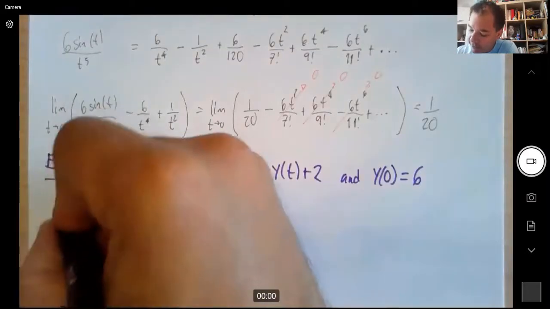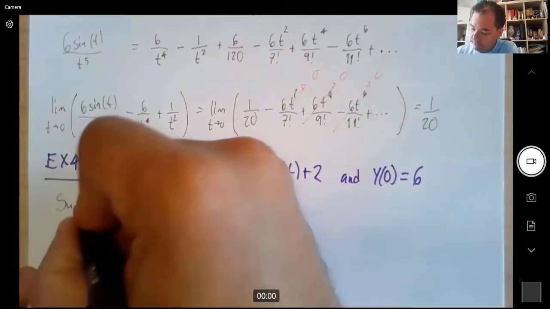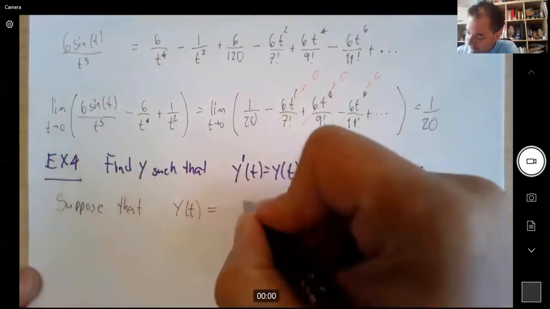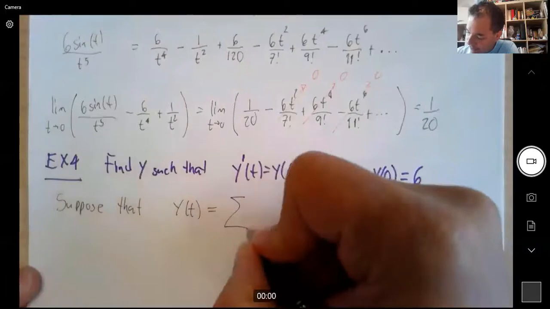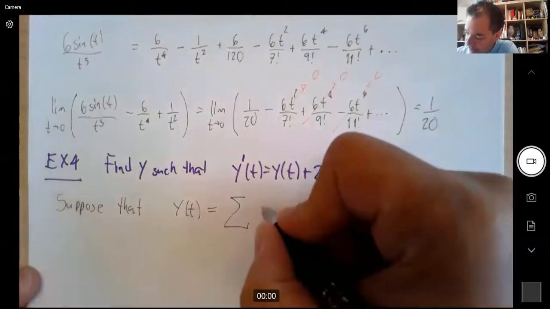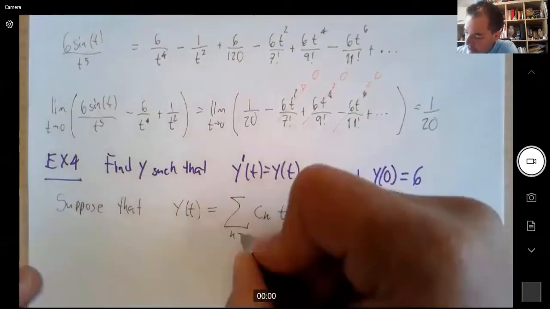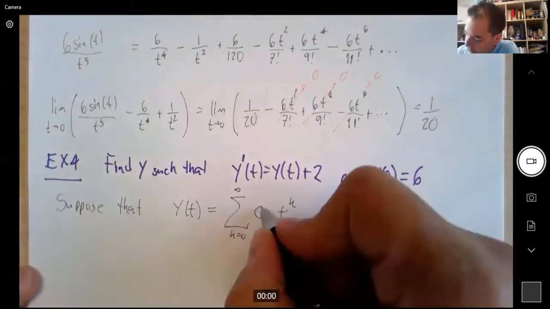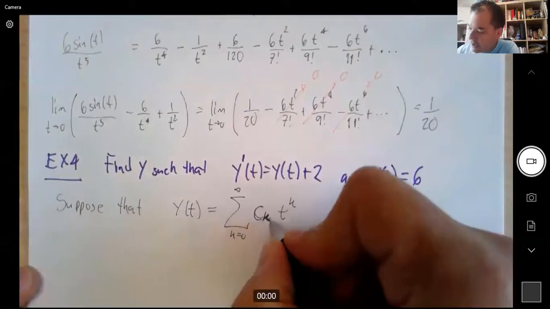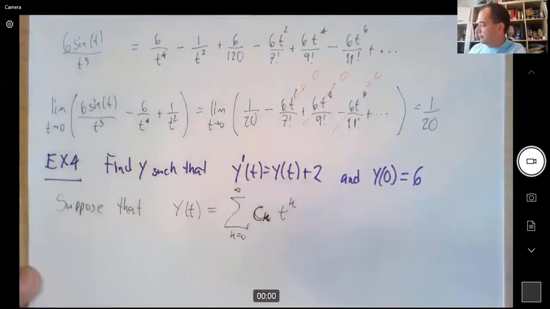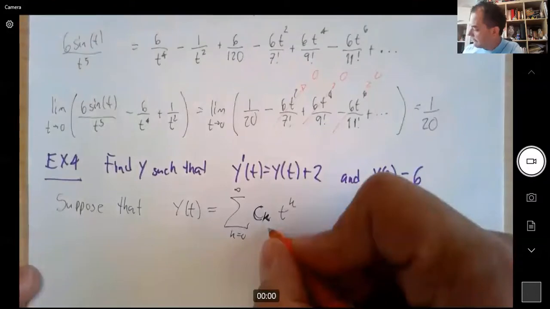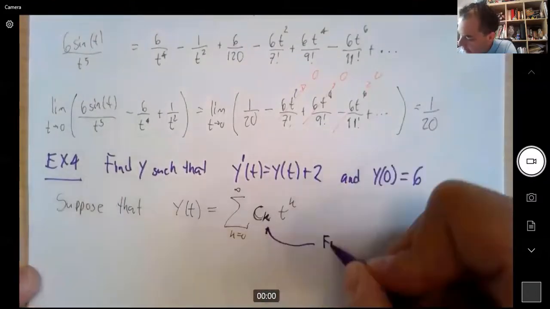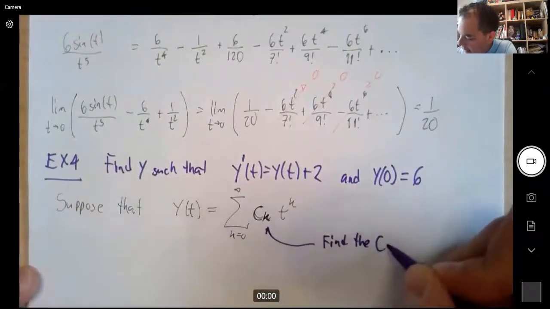So suppose that y of t is given by some power series, the sum of c_k t to the k, from 0 to infinity. So all we need to do is find these coefficients. What are these c's, right? Find the c_k's is what we need to do.